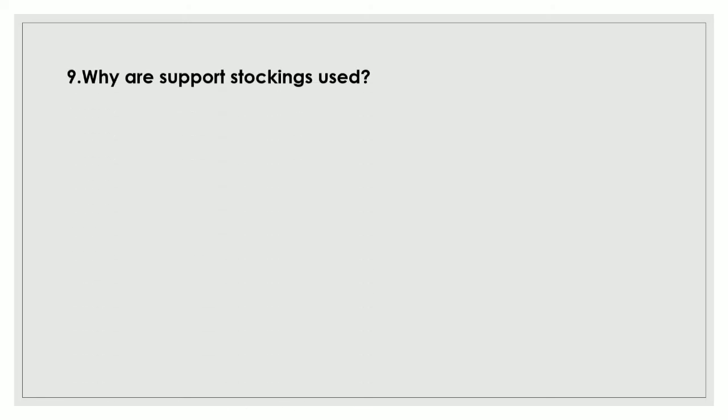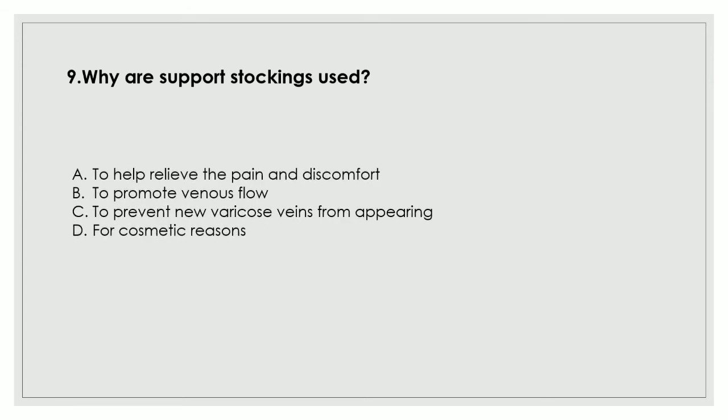Question number 9. Why are support stockings used? A. To help relieve the pain and discomfort, B. To promote venous flow, C. To prevent new varicose veins from appearing, D. For cosmetic reasons. Answer B. To promote venous flow. Question number 10.